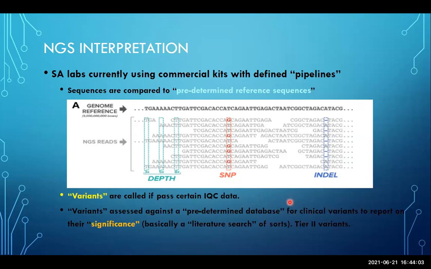databases where clinical variants have been reported. Basically it's an extended literature search of sorts, checking whether or not these mutations have been linked to anything of clinical significance, and then these are viewed as tier 2 variants.